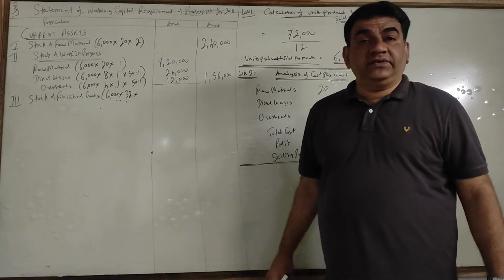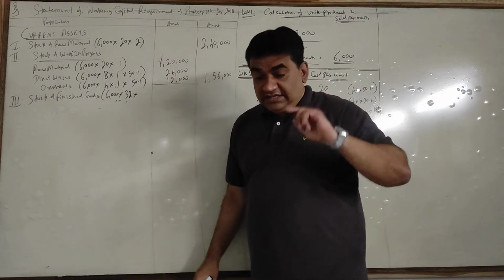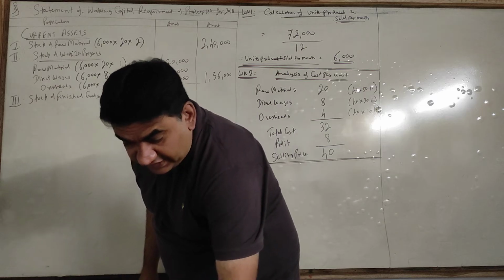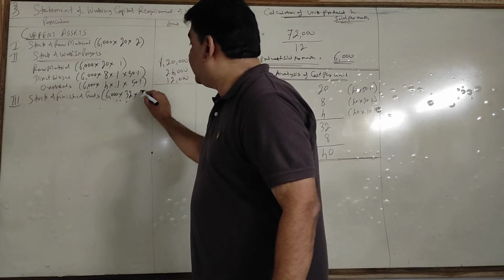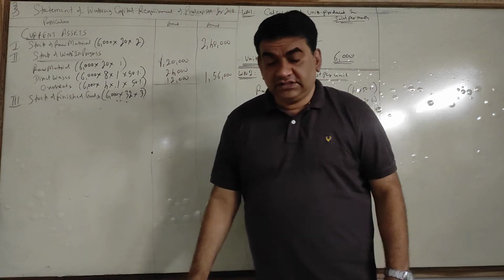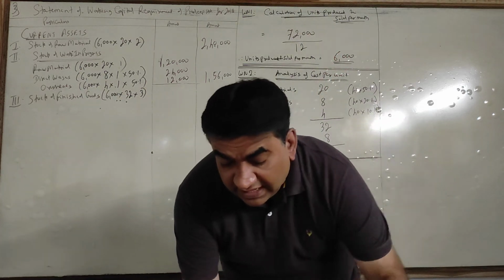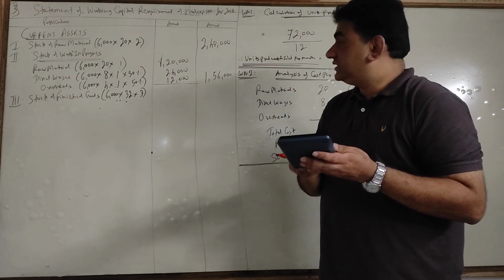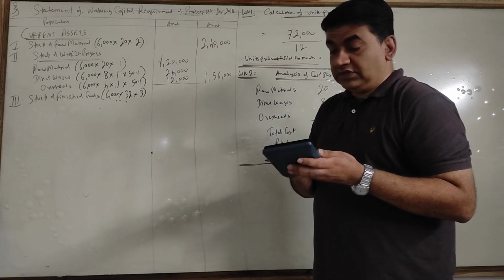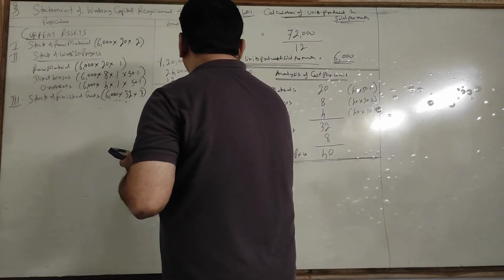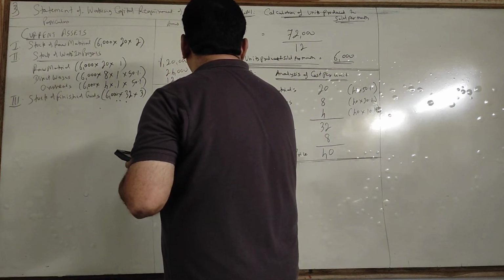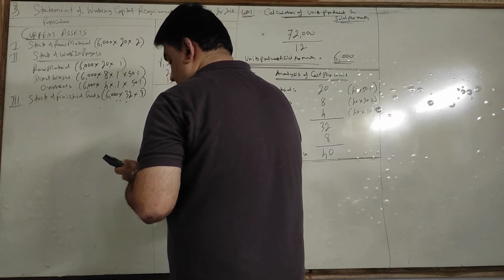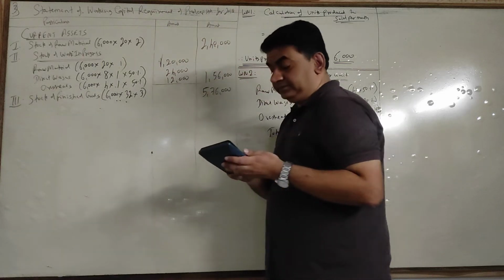So I take 32. And see the period of finished goods, what they say, have they mentioned? Yeah. Finished goods in stores, second line mein 3 months. So you will multiply by 3. Yahan pe percentage is always 100. So 6,000 into 32 into 3 gives you 5,76,000.